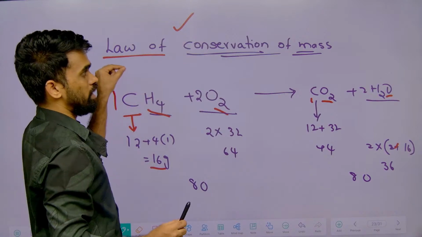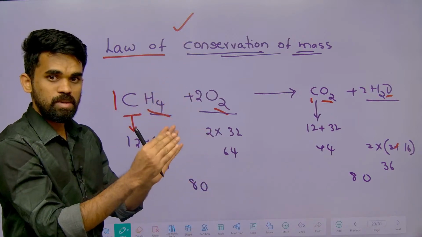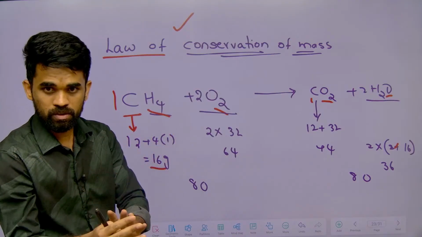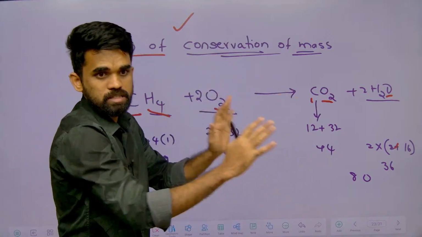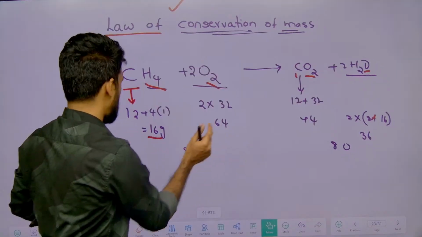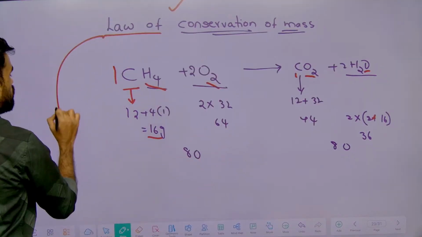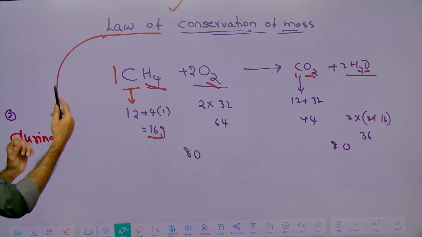I don't want to write the basic definitions again, you know. During a chemical reaction, the total mass must be conserved. That is, the mass taken at the reactant side should equal the product side. This is clear. Now based on this, we can also make one more statement, the second, a modification of the law of conservation of mass.